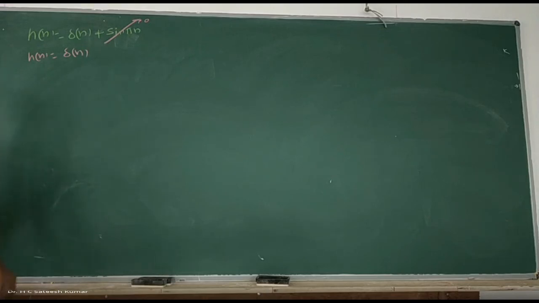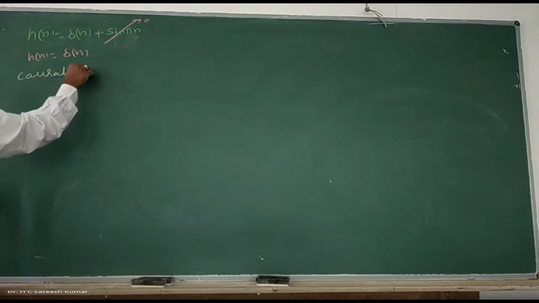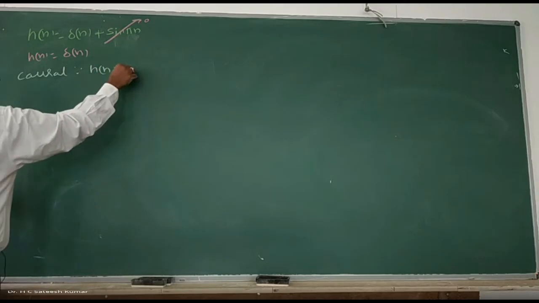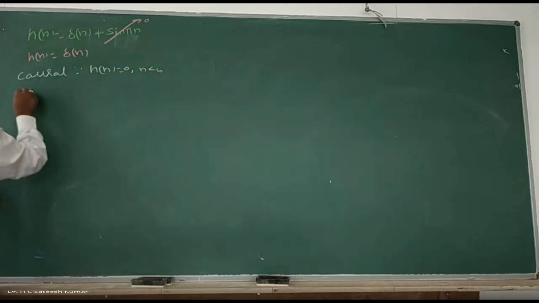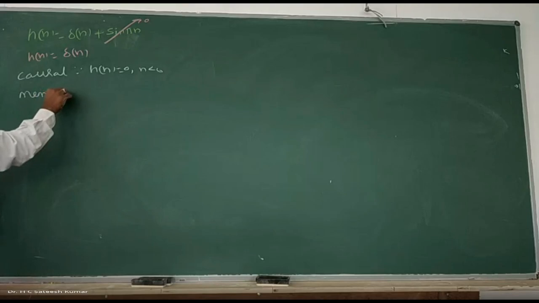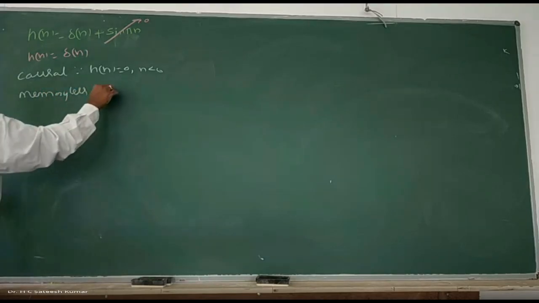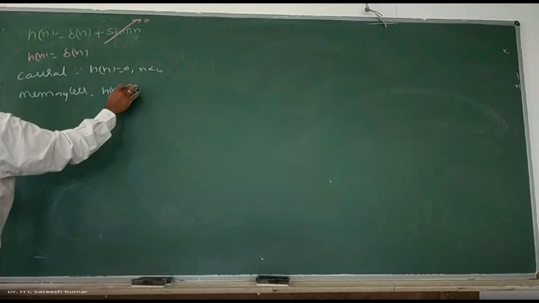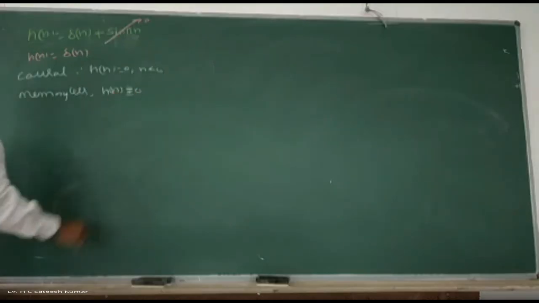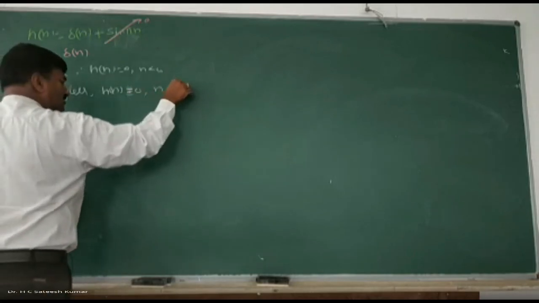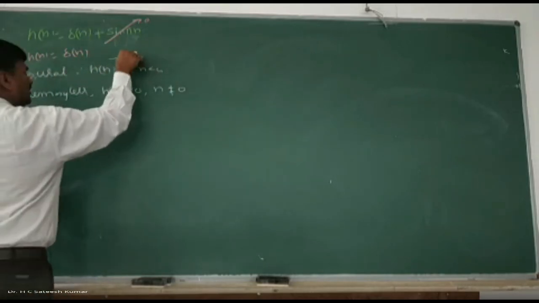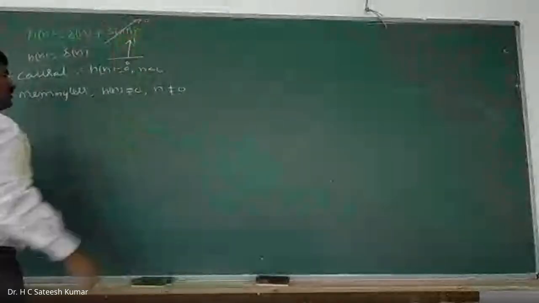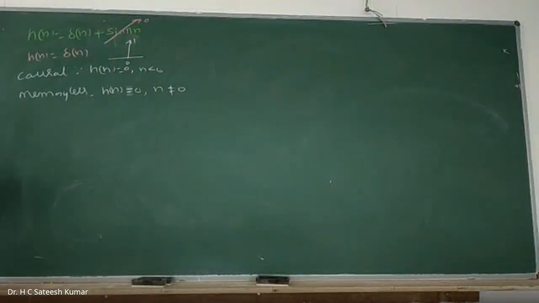Then you do it for this. So this one will be what? Causal, because h of n is equal to 0 for n less than 0. Memoryless, once again, because similar to the last problem, only discrete. h of n is equal to 0 for n not equal to 0. Other than 0, this value doesn't exist, because delta of n is what? At 0, its value is 1, elsewhere it is 0. And system stability.